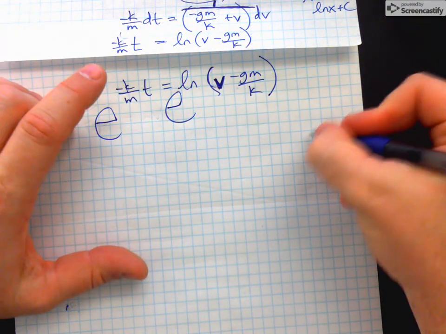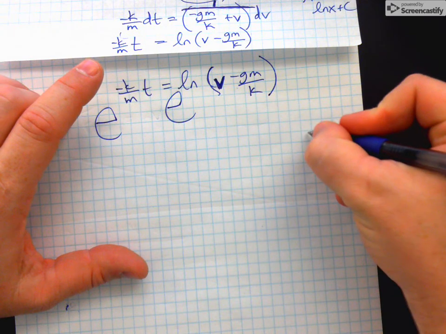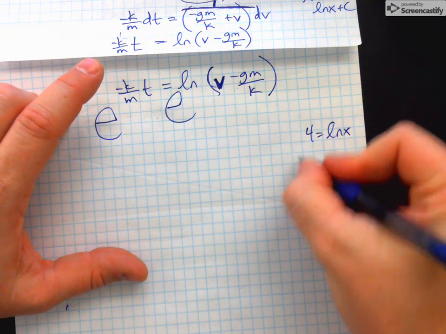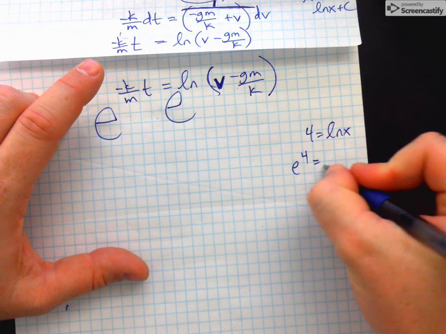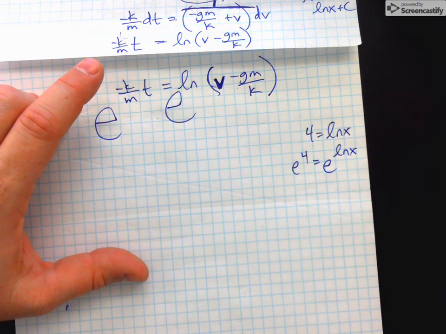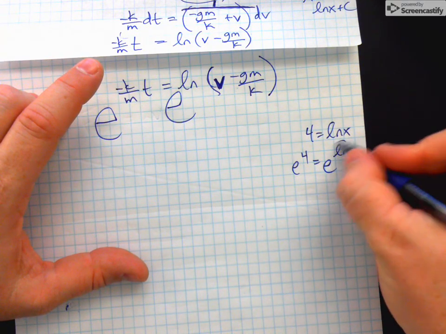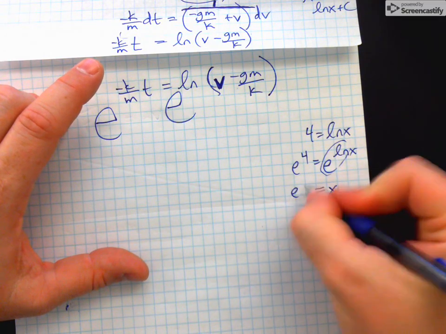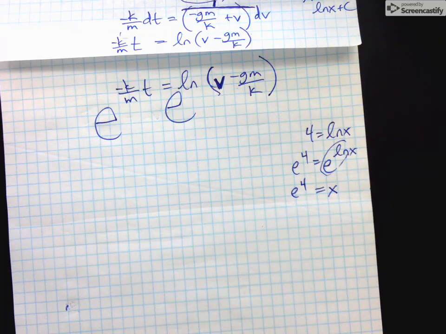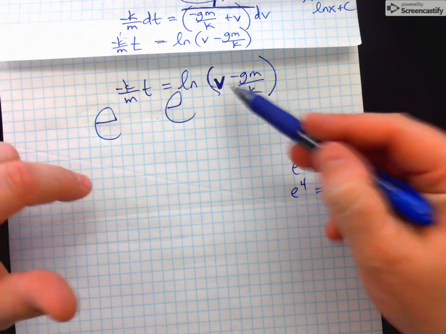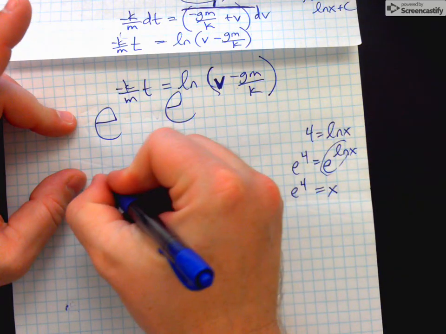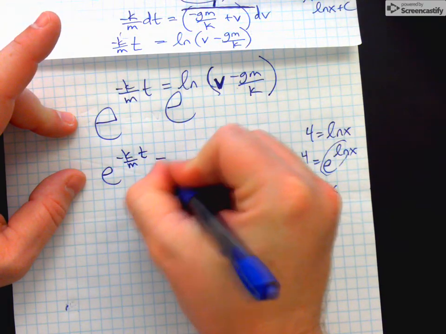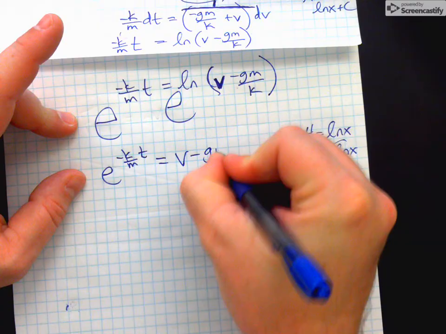To give you an example, if I have 4 equals natural log of x, I could do e to the 4 equals e to the natural log of x. And e to the natural log of x is just x. So I have e to the 4th. That's a way that you can isolate that out. So now I have e to the negative k over m t equals v minus gm over k.